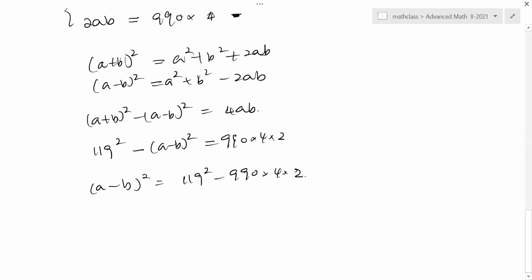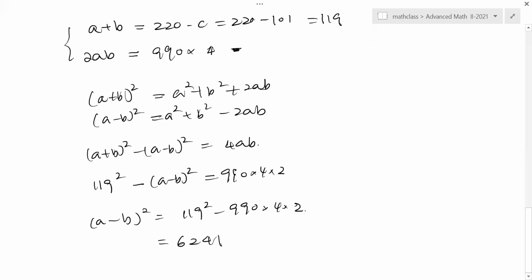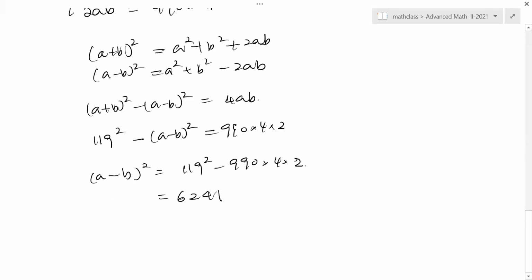So if my computation is correct, and this is 990 times 8, so the total will be 641. Okay, then you find A minus B. I'm not sure we are going to get integers here. I know A plus B is 119, then A minus B, you assume A is greater than B.